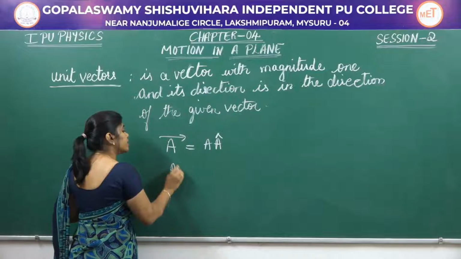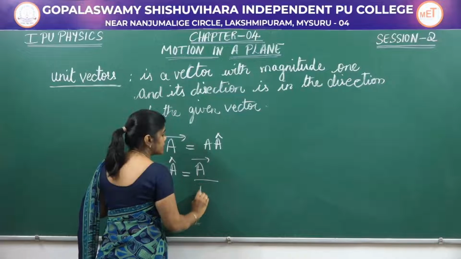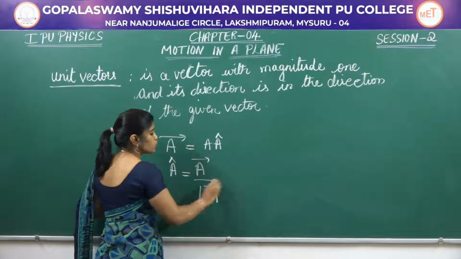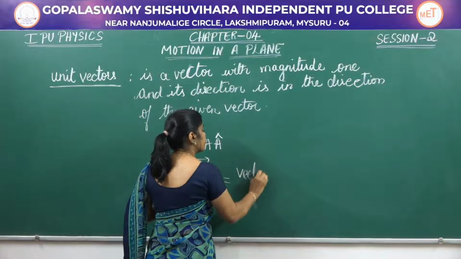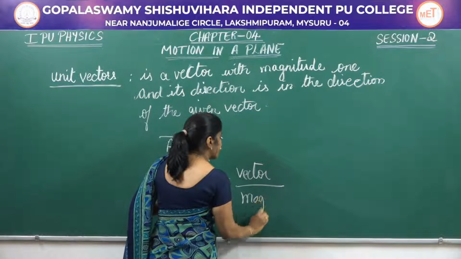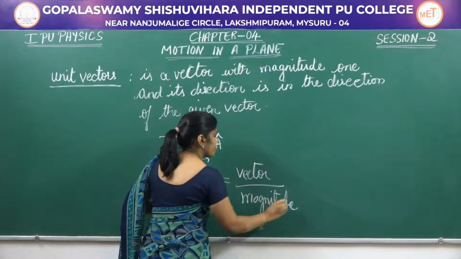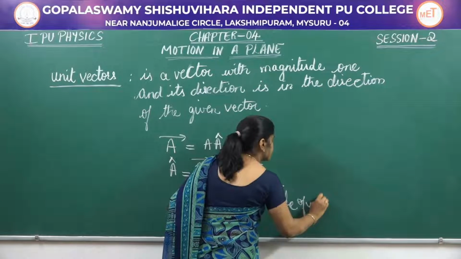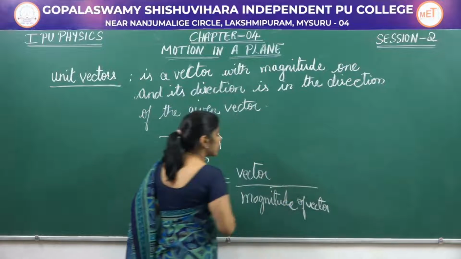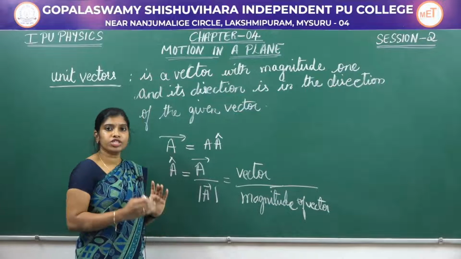And I can also write the unit vector is equal to vector by its magnitude. The given vector divided by the magnitude of that vector gives me the unit vector.